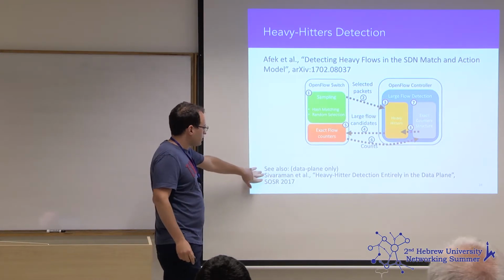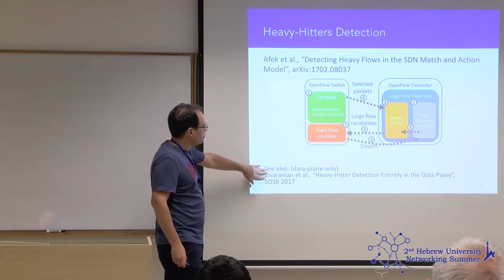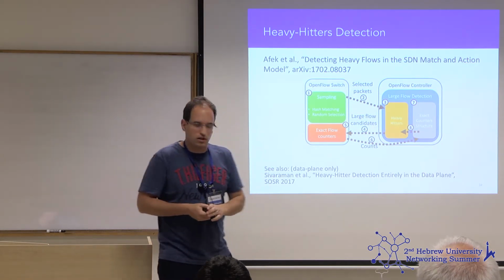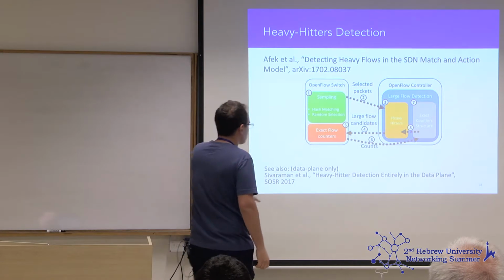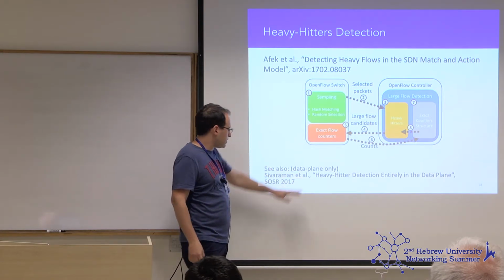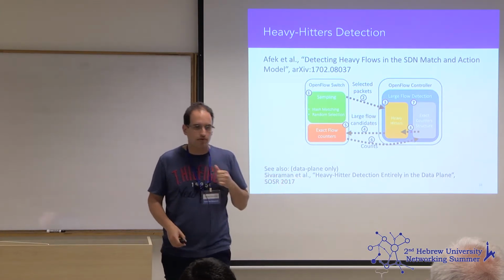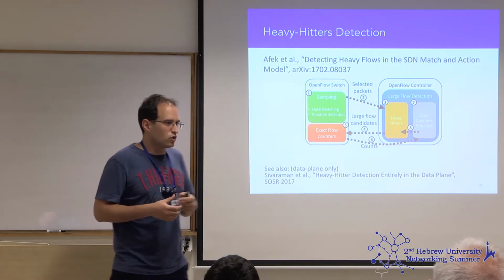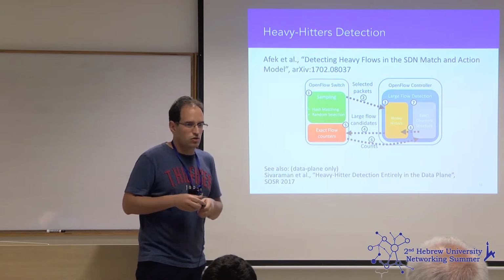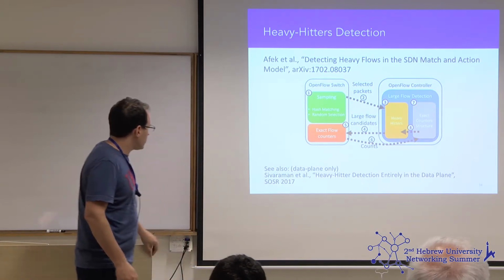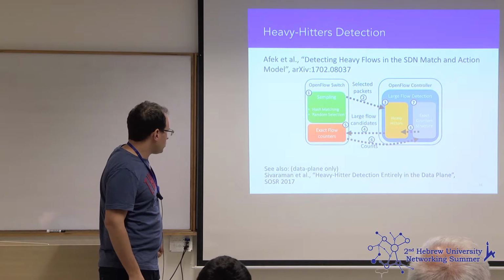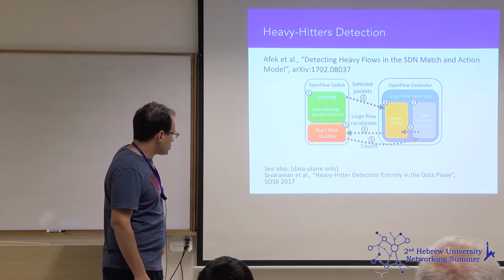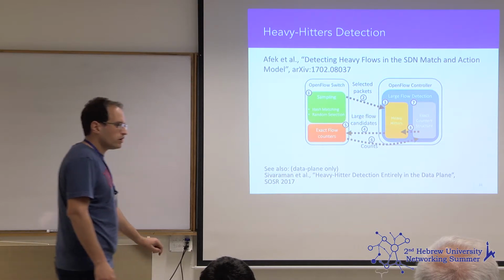This is another work, a very interesting one from this year. They didn't have any cool figure in their paper, so I didn't put it at the top of the slide. But it's very interesting because they do everything only in the data plane using P4 that I just described before. One of the strengths of P4 is that it has storage memory where you can store some state, and it also can use hash functions, so you can apply some hash function on a packet.